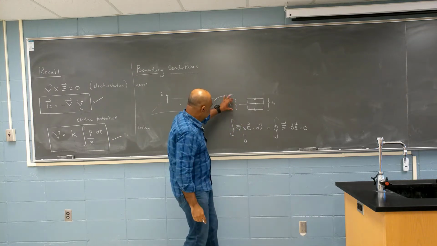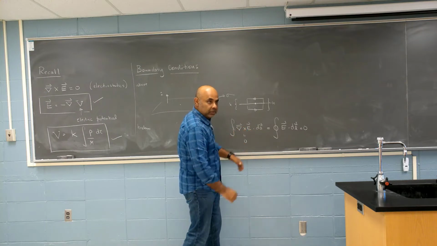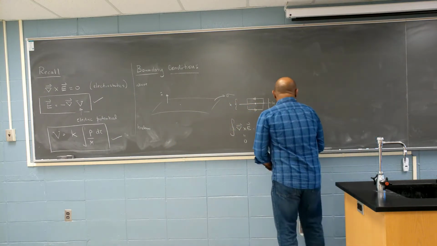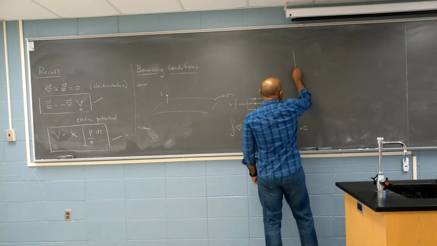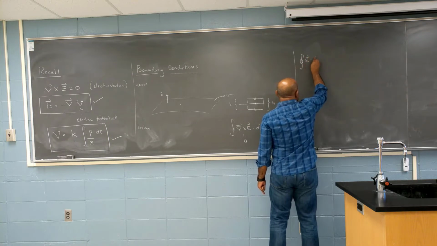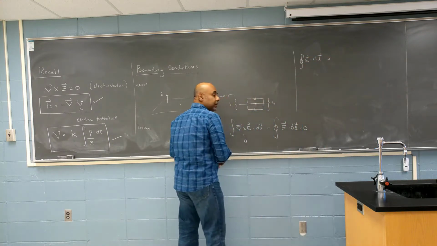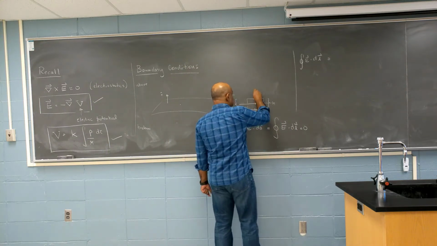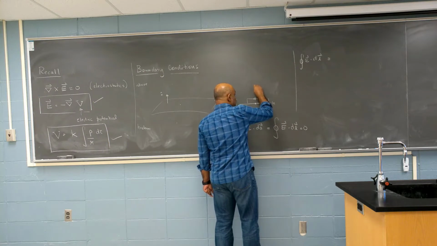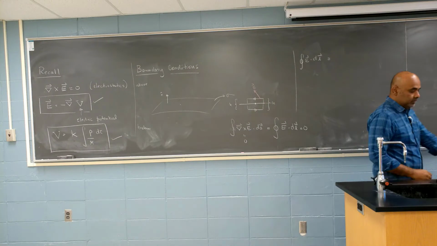So I'm going to call this H because it won't matter too much. What I'm going to do is let H go to 0 because we want to know what happens to the electric field. Okay, so I don't know which way the electric field is pointing. The electric field over here could point in this direction. But Stokes' theorem won't see it.